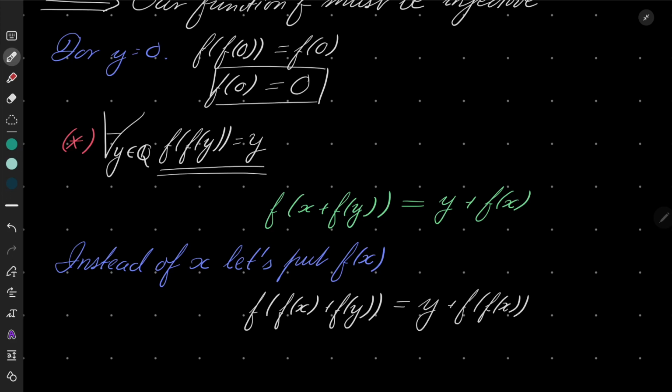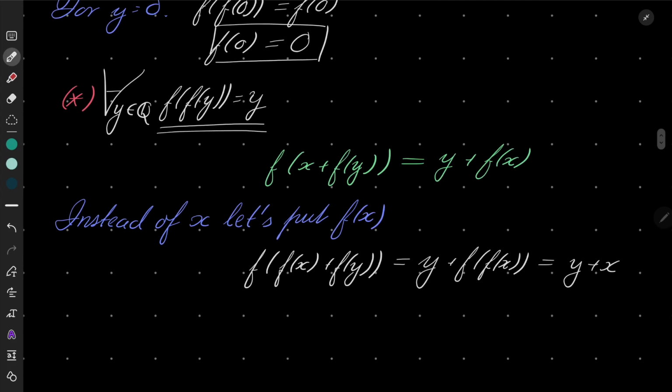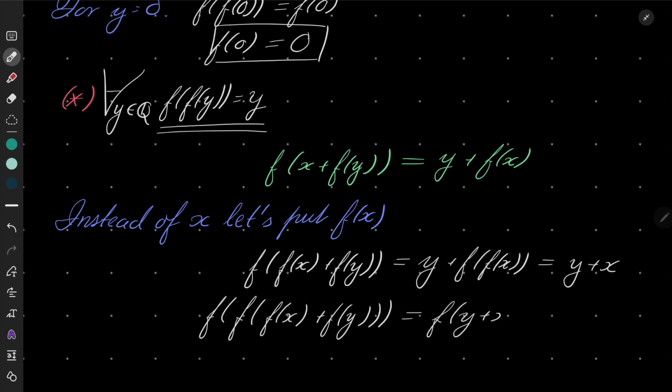But now, by our equation asterisk, we know that f of f of x is just x. Okay, and now let's take f on both sides. So I just put f on both sides.